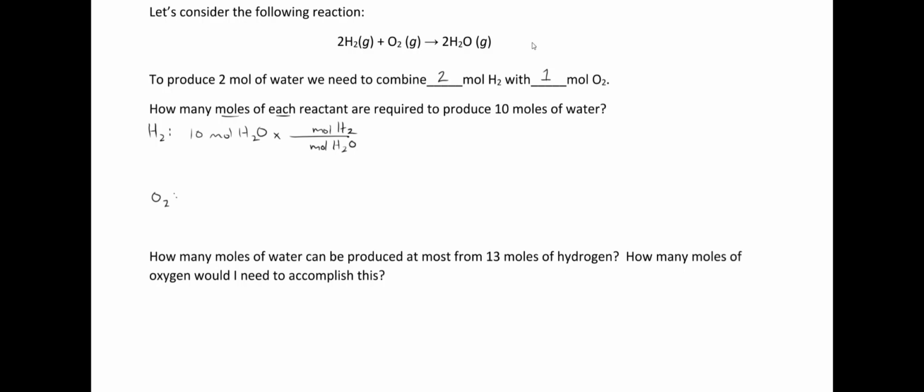And now I just use my ratios from the equation. There is a 2 in front of water and a 2 in front of hydrogen. So every 2 moles of water needs 2 moles of hydrogen. And of course, these just cancel out. Incidentally, those are always treated as exact numbers. And so the only thing we're left with is 10. So we have 10, and the units that are left over are moles of hydrogen, just like was predicted.